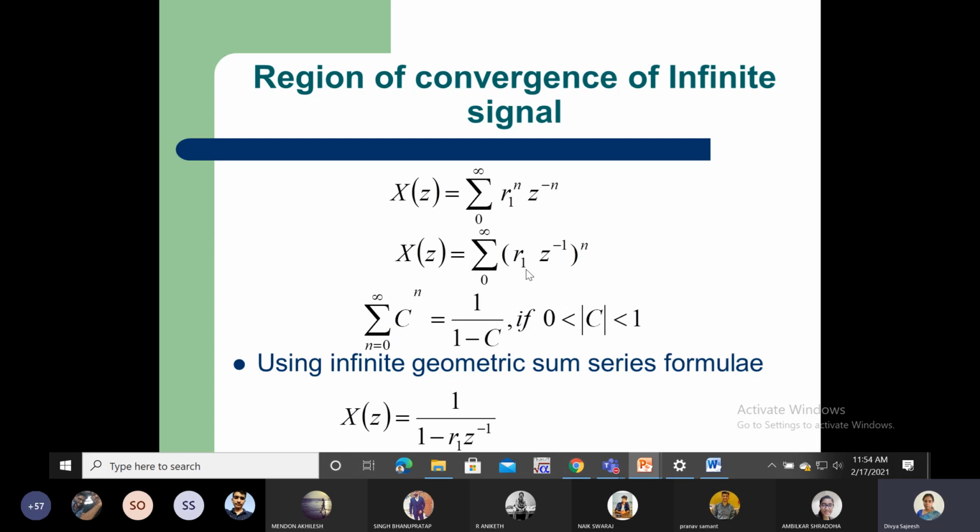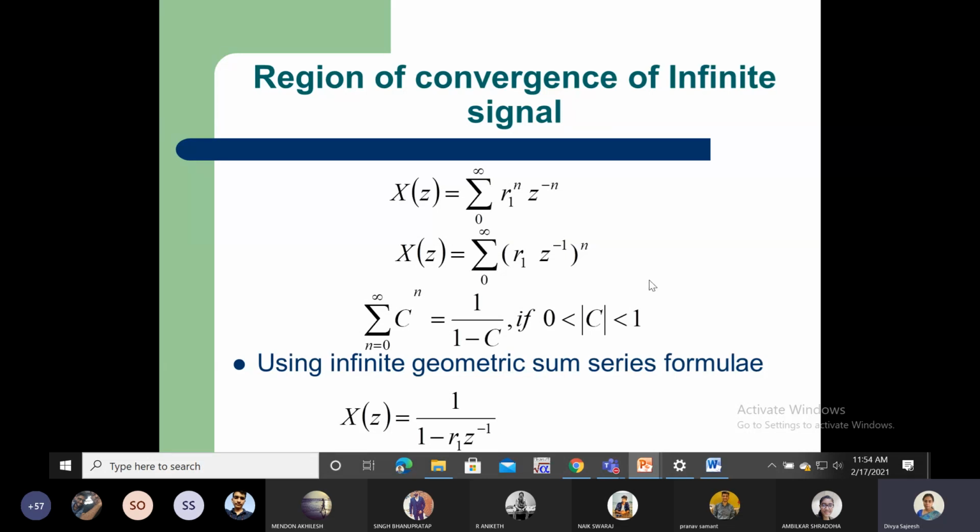Okay, so if I apply this formula for this summation series, then what is your c here? c is r1 into z raised to minus 1. So if I substitute for c in this formula, then I will obtain X of z as 1 upon 1 minus r1 into z inverse, where r1 into z inverse is your c.